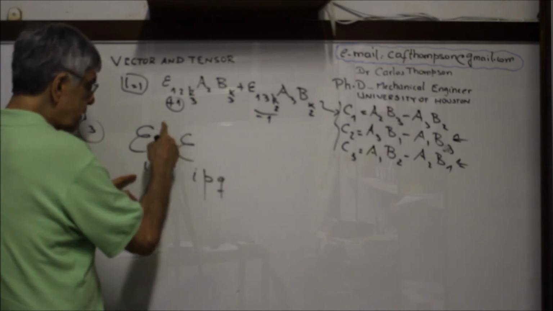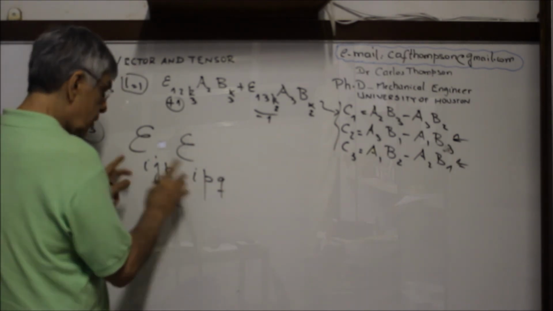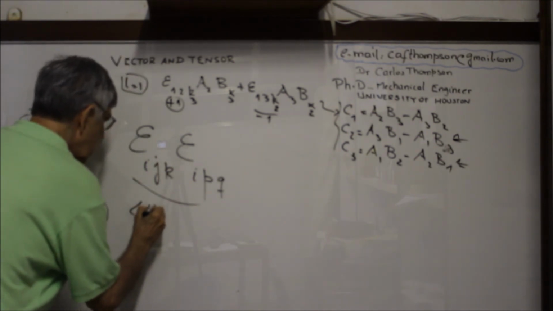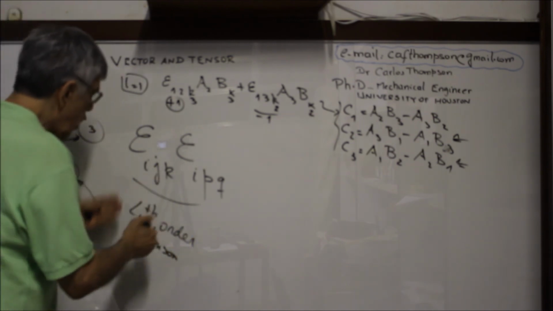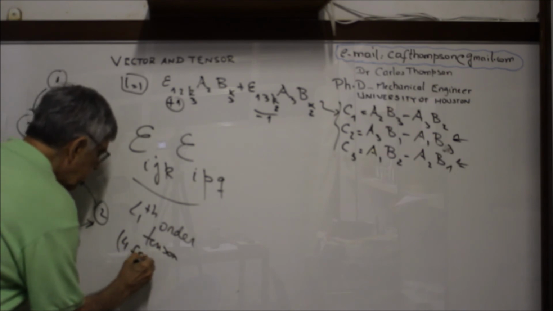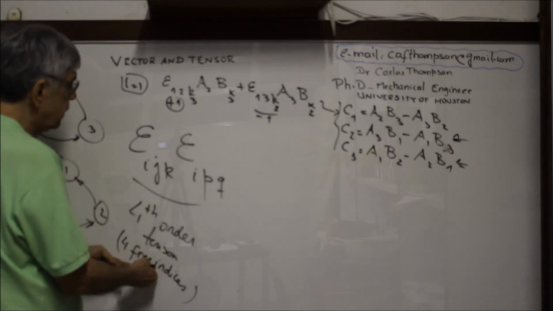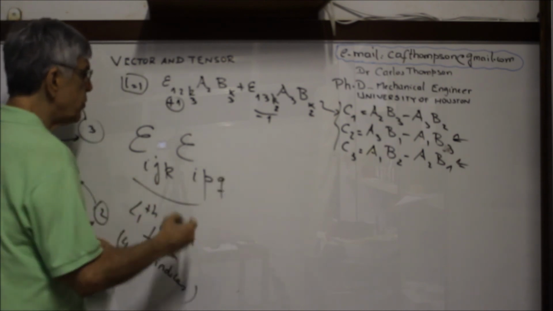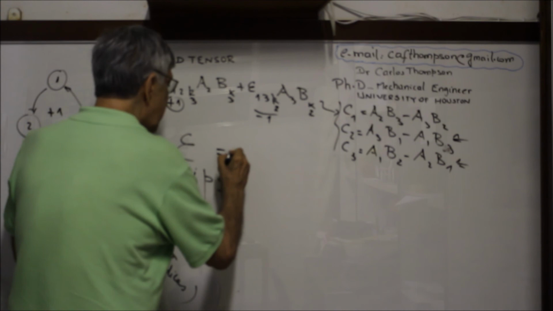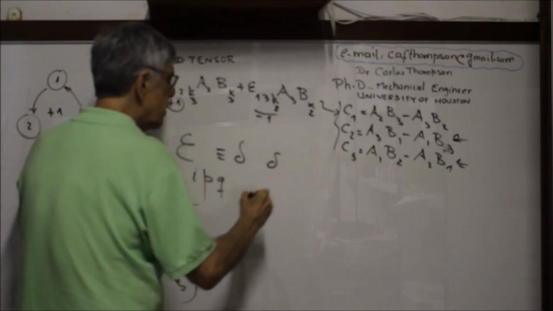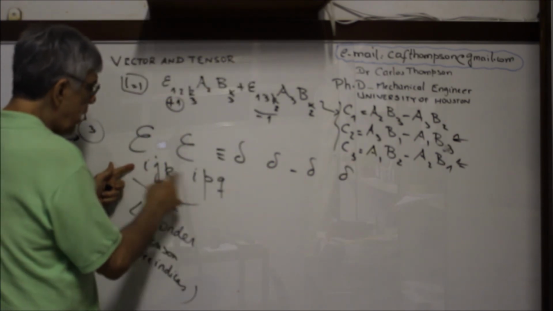This is a fourth order tensor because of J, K, P, Q. Why? Because of the free indices: J, K, P, and Q. This is the identity. You memorize it like this: you put delta here, delta in there, minus delta and delta. Now, forget about the I.